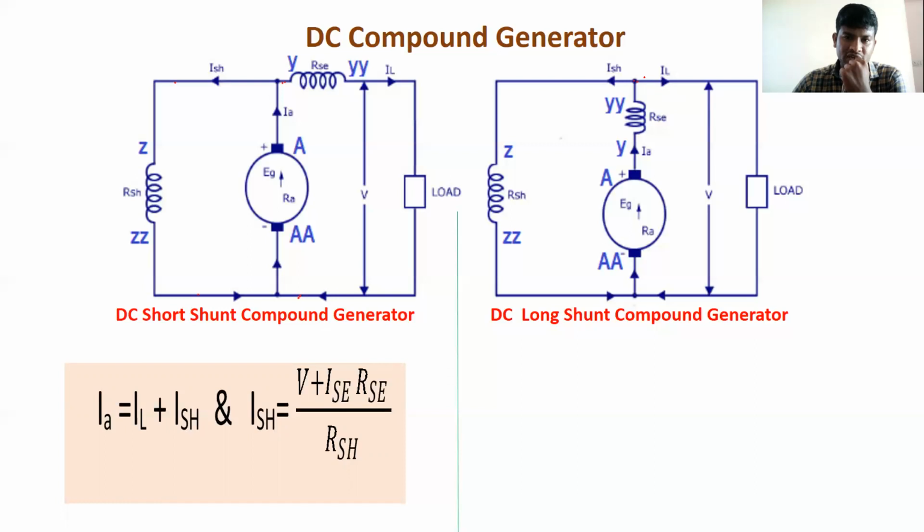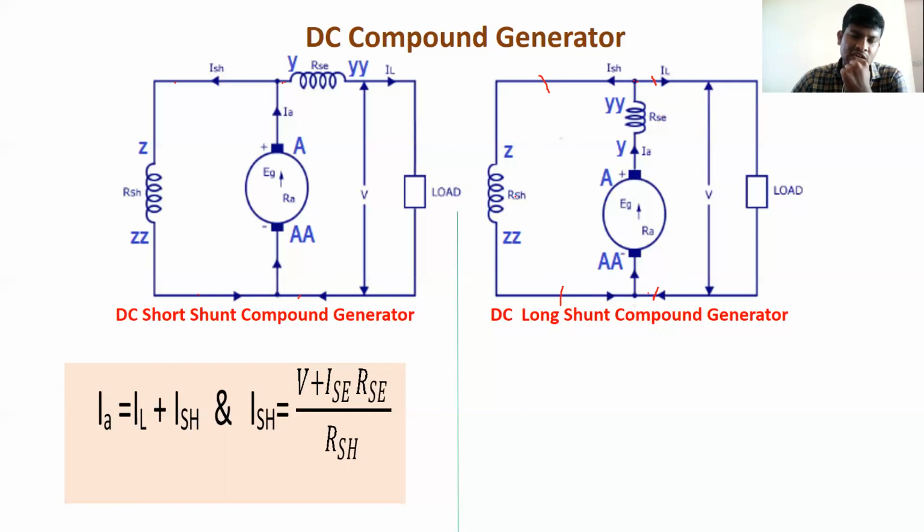What is the voltage across these two points? It is V, so the voltage across the shunt field is also the same, V.